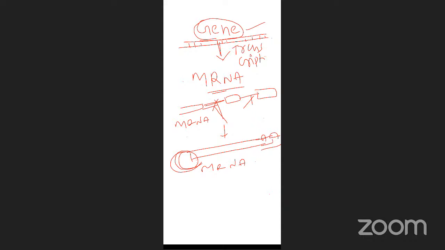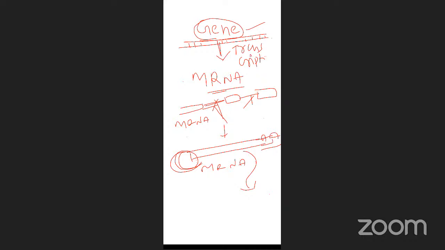That means the transcription process occurs in the nucleus. After formation, the mRNA needs to be transported to the cytoplasm. Inside the nucleus, the mRNA is transported to the cytoplasm, so the mRNA is present in the cytoplasm.